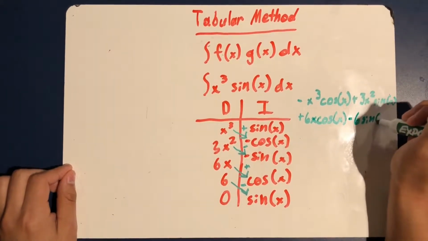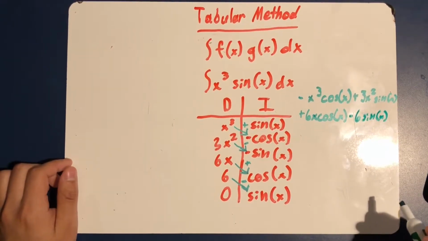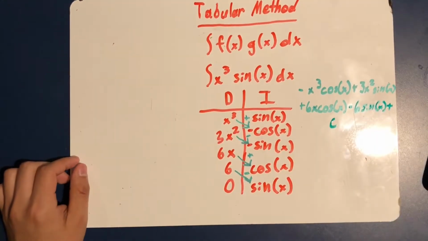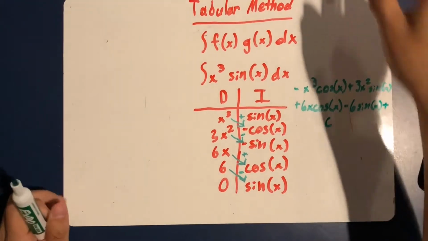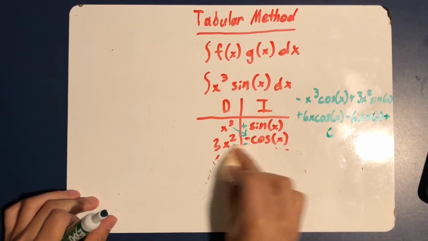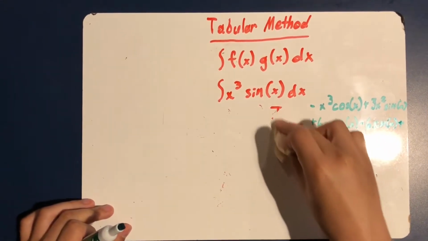And the reason why we stop repeating the integral there is because if we were to do that with 0, we would get 0, and if we would continue to derive 0, we would get 0. So we would just get plus the constant. Here I'm going to write it out more clearly.